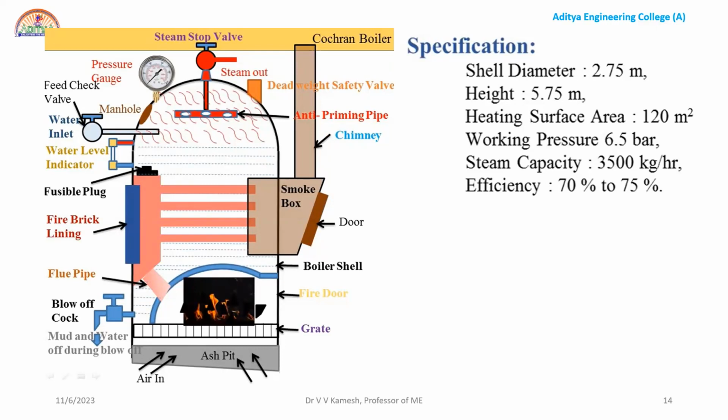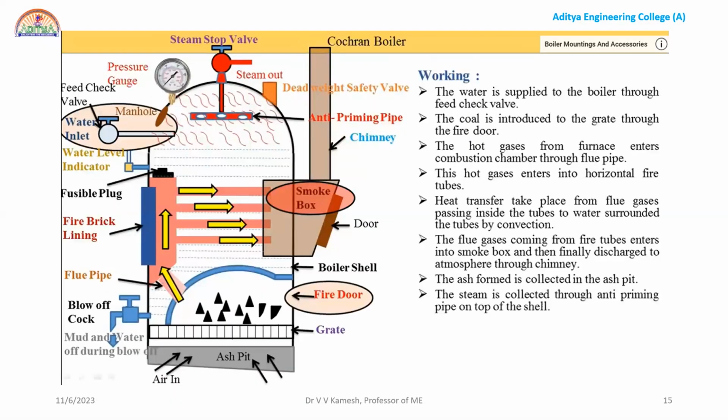So here, the Cochran boiler will have shell diameter 2.75 meters, height 5.75 meters, heating surface area 120 square meters, working pressure 6.5 bar, and steam generation of 3,500 kg per hour, and the efficiency of this boiler will be very high, 70% to 75%, right?